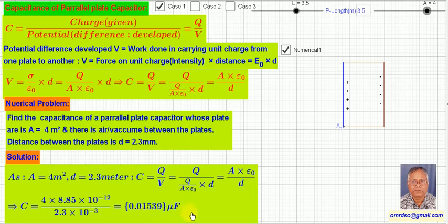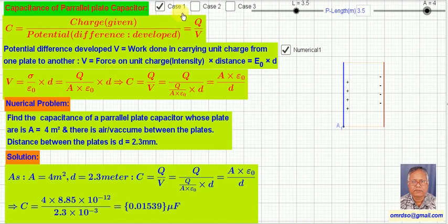So make it very clear, to find out the capacitance of a parallel plate capacitor you require the charge given and you have to measure the potential difference developed. Mathematically, the potential difference developed can be obtained by getting the work done in carrying a unit positive charge from one plate to another plate. Alright, which I have done here.